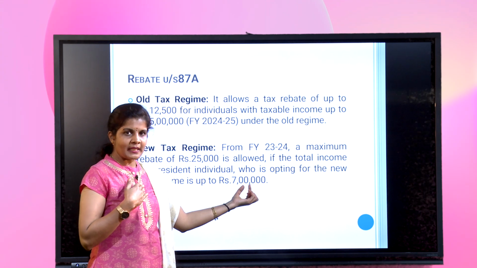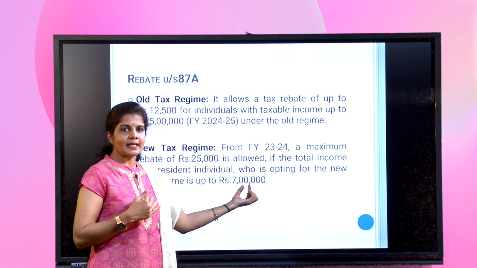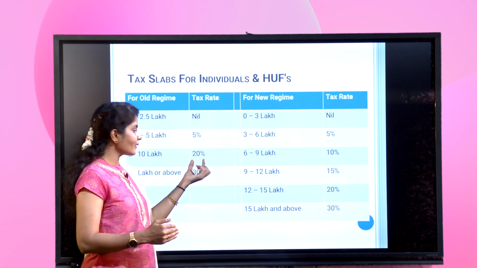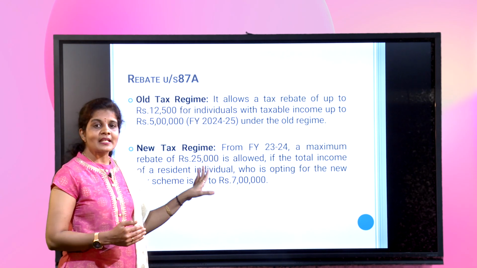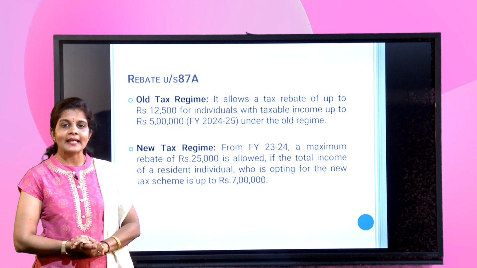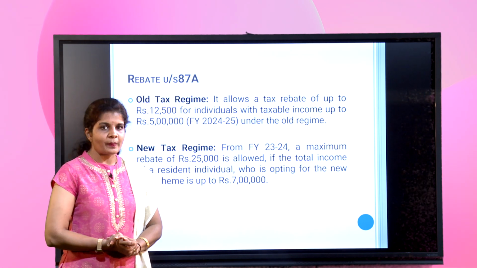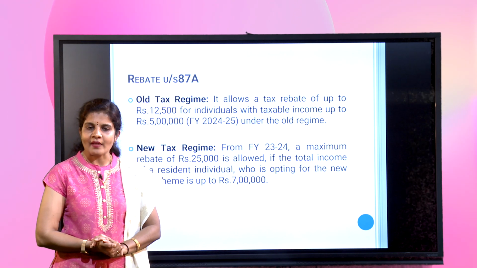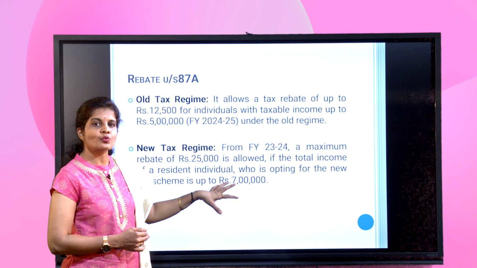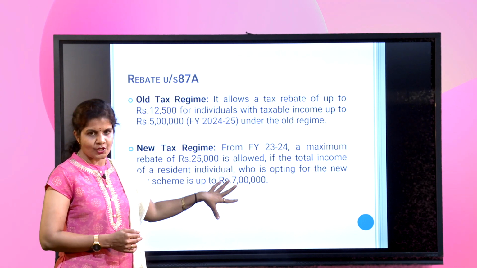If I am an income earner and my taxable income is 7 lakh rupees, I can claim a rebate of 25,000. This 25,000 rupees of rebate can be claimed by taxpayers who have a lower income, up to 7 lakh rupees. This is a benefit for those who opt for the new tax regime.